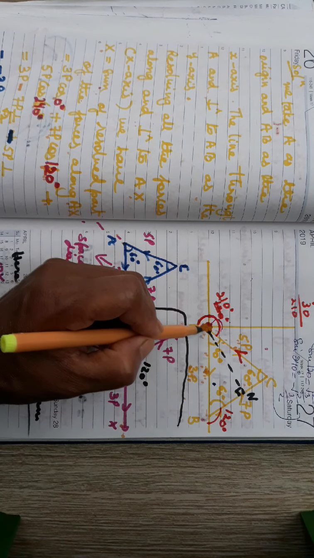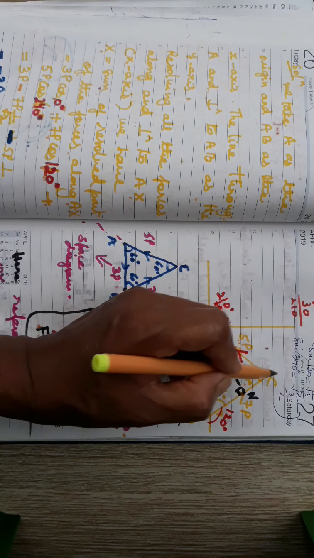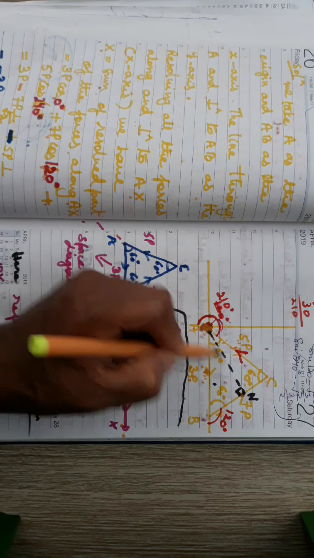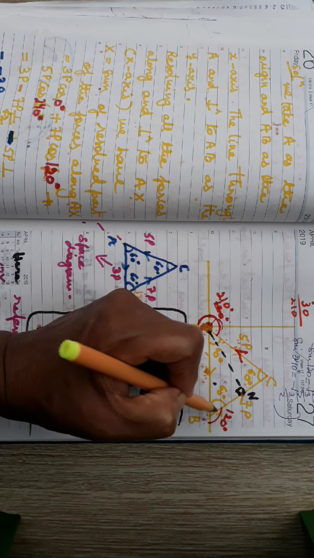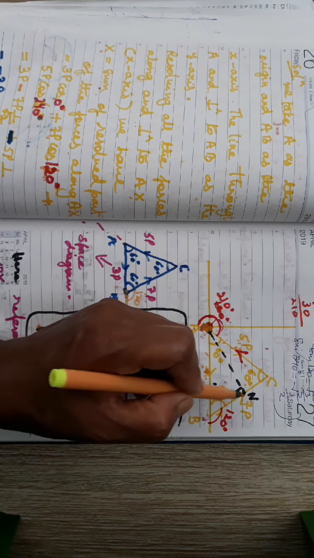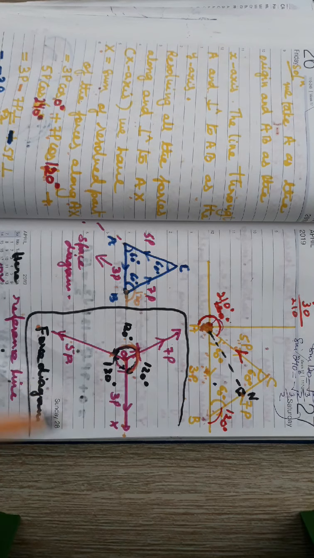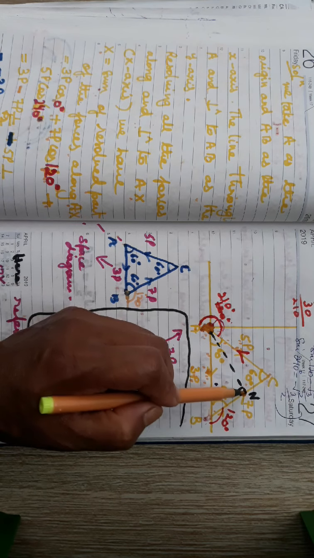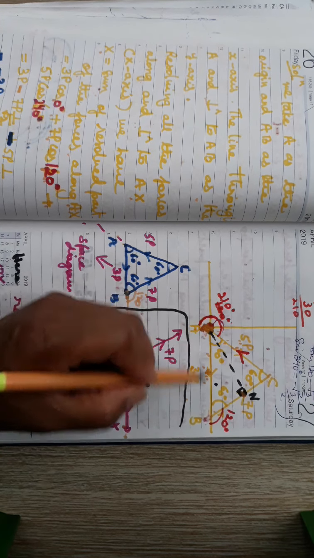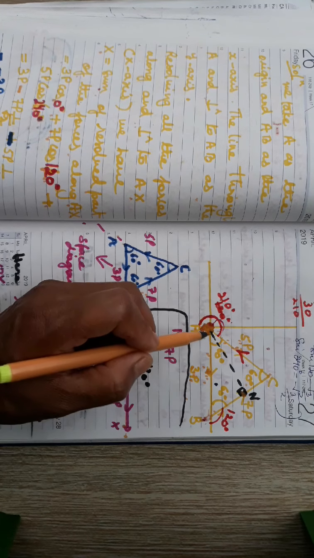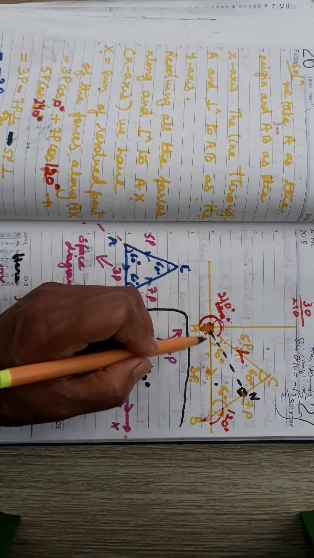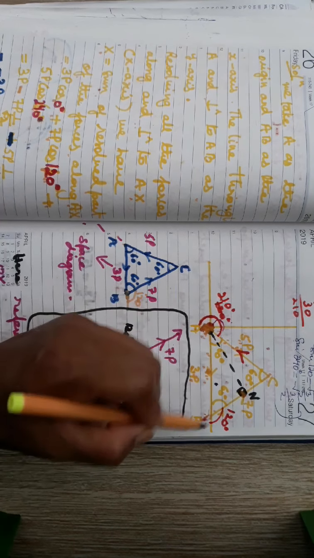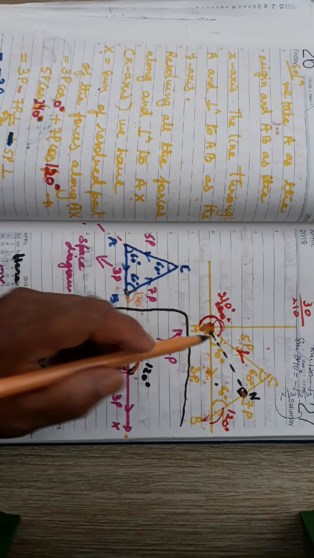So you draw here AN, the perpendicular distance to the side BC. Moreover, since it is an equilateral triangle, this perpendicular divides BC into two equal parts. That is, BN is equal to half of BC. Now consider this right angle triangle ABN, right angle at N, and by Pythagoras theorem, AB square is equal to BN square plus AN square.